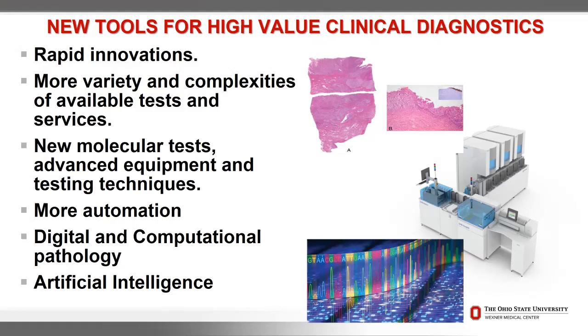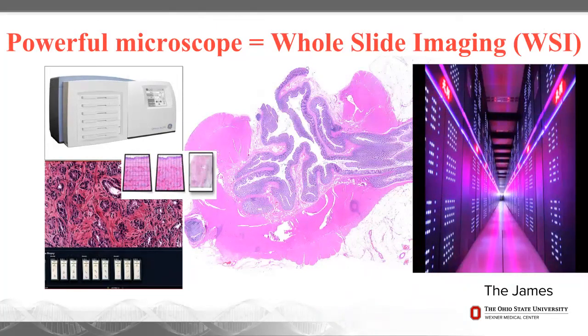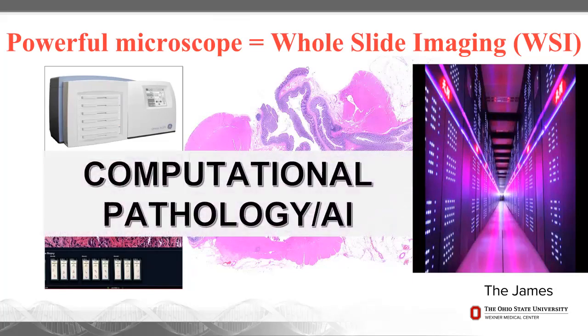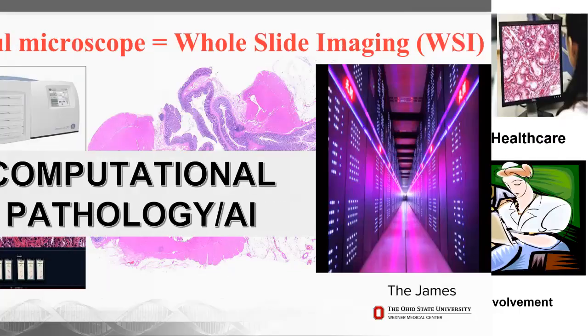Today, we have the ability to take a glass slide, which is reviewed using a microscope, put it inside a box, and create a high resolution digital image consisting of millions of pixels, and be able to computationally interrogate those pixels to look for features, to look for clues about the patient's diagnoses.